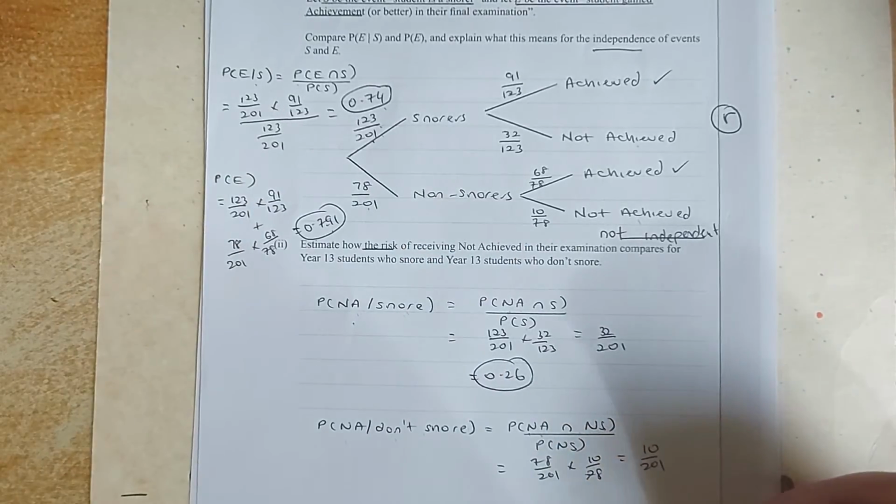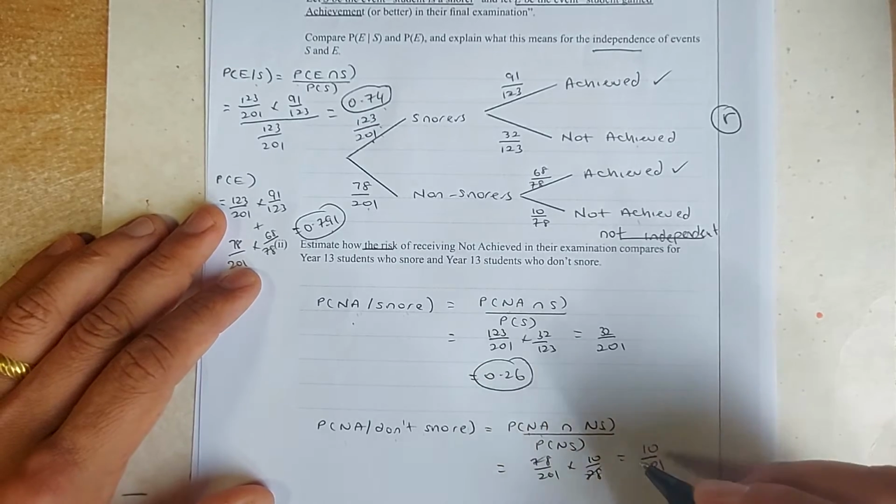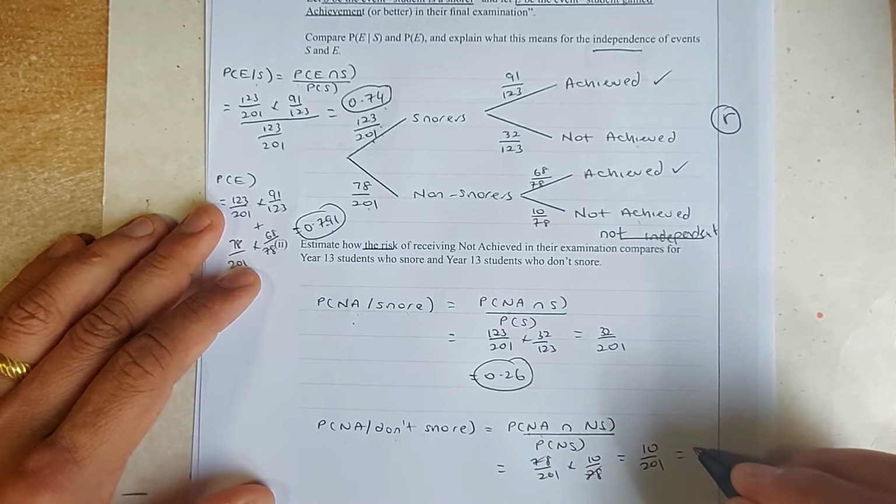That's right, so we're going to cancel them out. It's going to be 10 over 201, which is going to be 0.128.